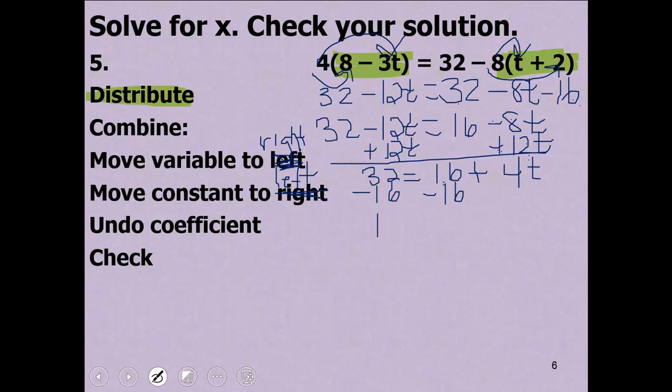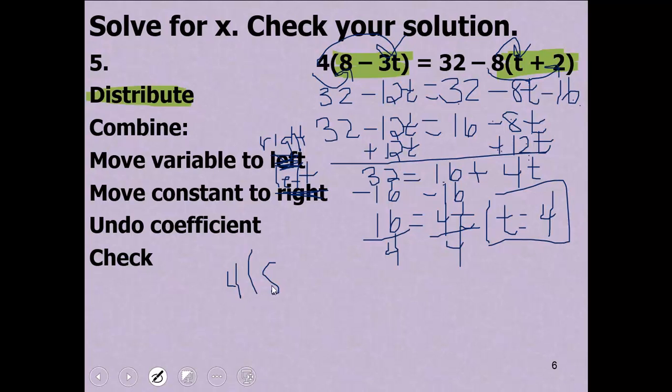And I get 16 is equal to 4t. And then I'm going to divide by 4. And I get t is equal to 4. And then I check it. I get 4 times 8 minus 4 times 3 is 12 is equal to 32 minus 8 times 4 plus 2.